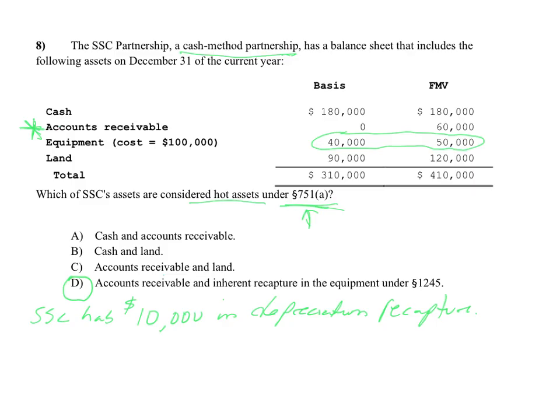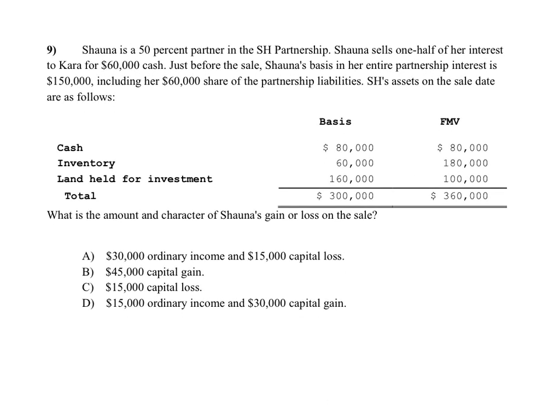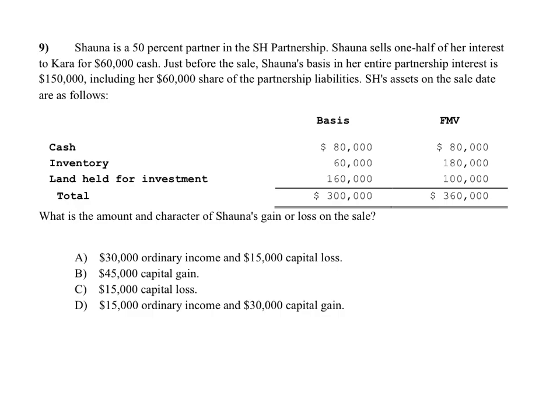Remember, land can never be a hot asset. Cash can never be a hot asset because there's no depreciation recapture in either land or cash. Okay? And then number 9 is our last one. So here we go. So we've got Shauna. She is a 50% partner in this partnership.